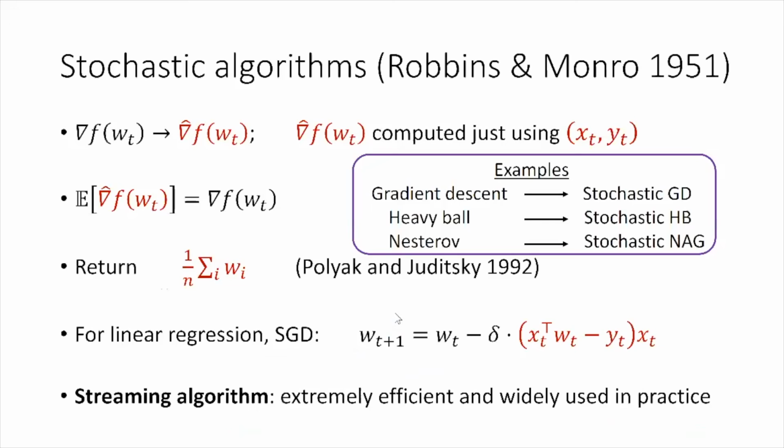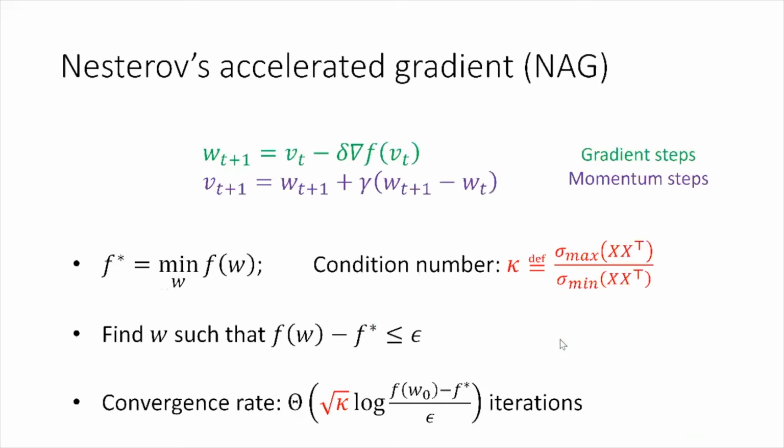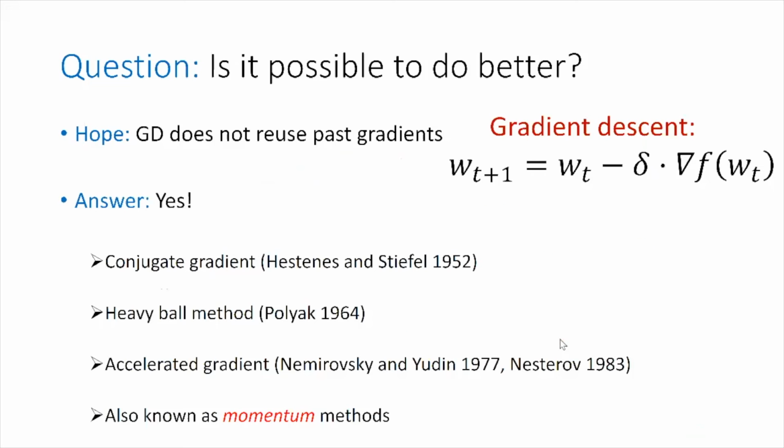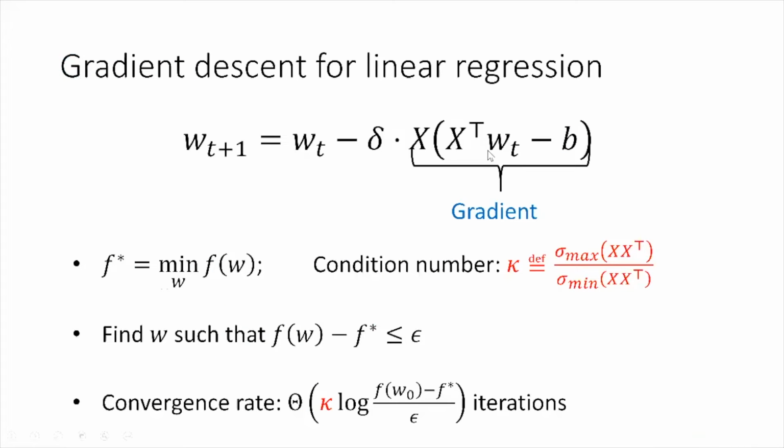So you can think of it this way. In the earlier gradient descent, WT was being multiplied by XX transpose, right? And what comes here is the maximum singular value of whatever is being multiplied here. In order to ensure that it's stable, you'll require the step size to be smaller than that. So if this quantity is large, then delta has to be small, and that's why it enters into the convergence rate.